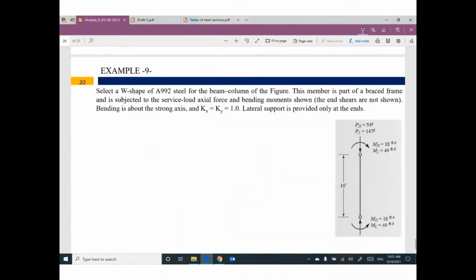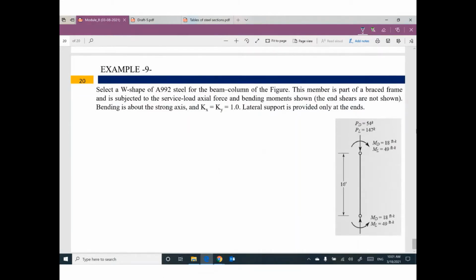Let's see this example. This member, I cannot say, guys, this column or this beam. I cannot say this, but this member has M ultimate and P ultimate. Can you see the given applied loads? We have here axial force, dead load and live load.